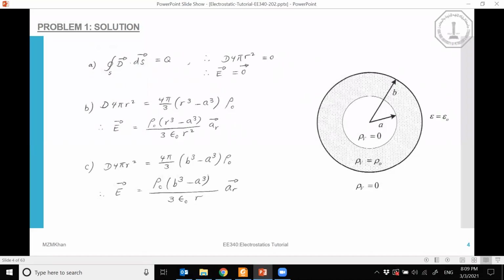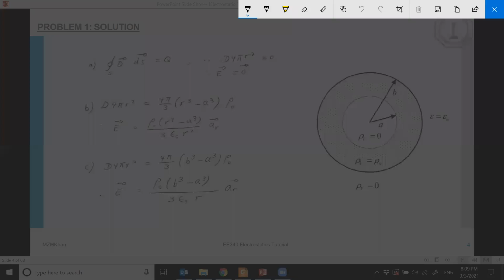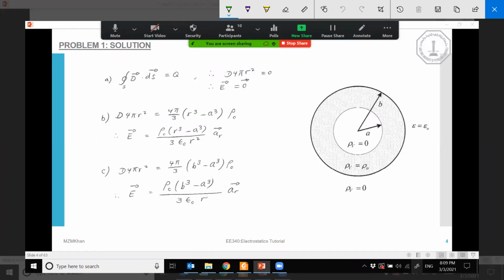Now, how are we going to do this? First, we are in the region r less than a. Since this is a spherical distribution, I'm going to put a small Gaussian surface, and the Gaussian surface will again be a spherical shell.